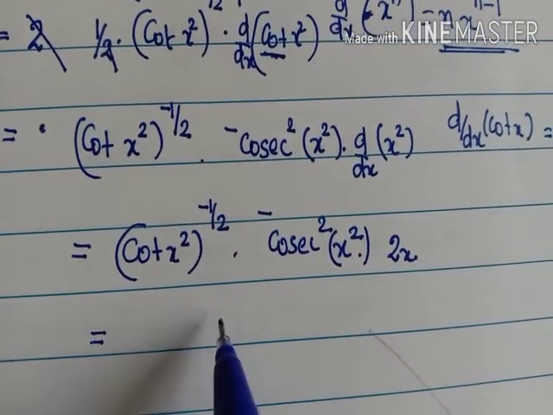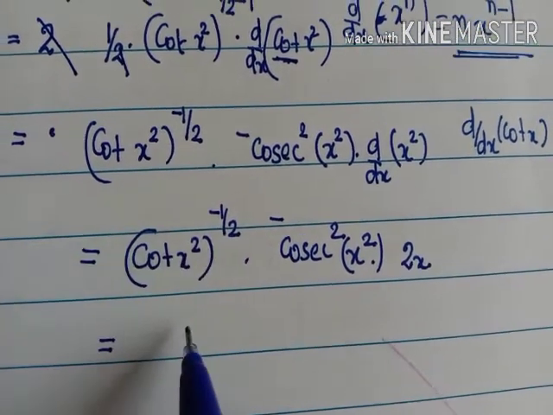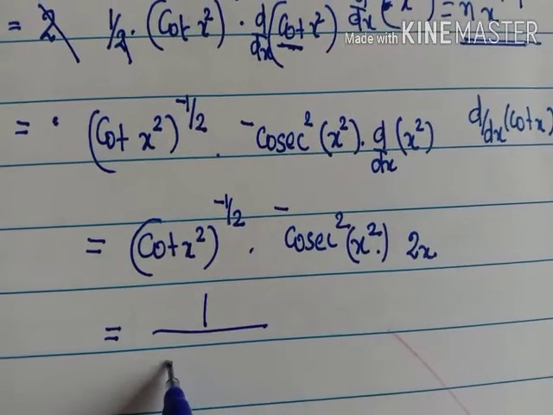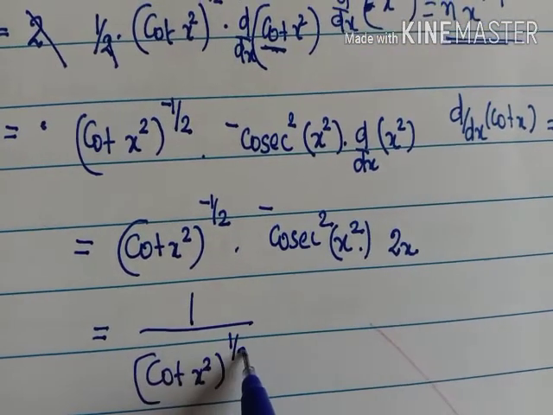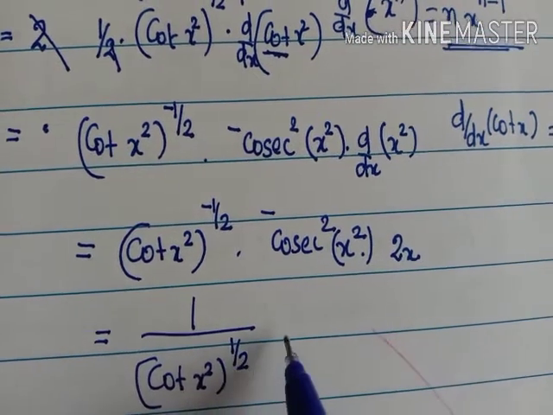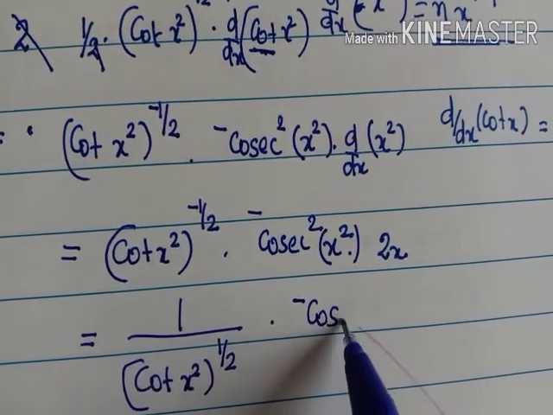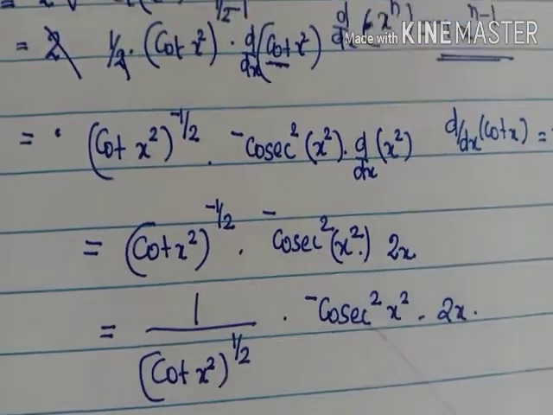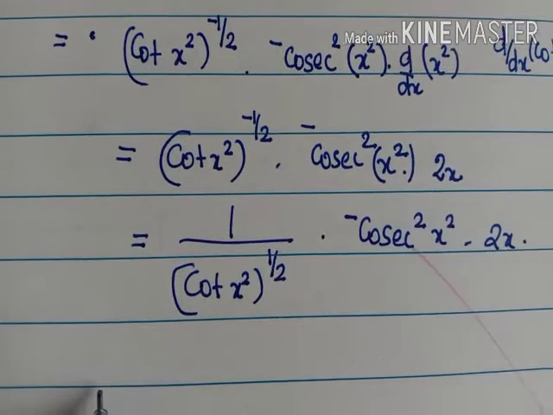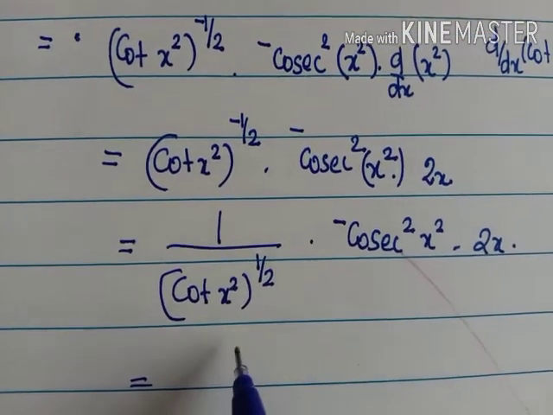Now rearrange the terms. It is negative power, so we can write 1 by cot x square raised to 1 by 2, it becomes positive power, into minus cosec square x square into 2x. Again rearrange. We can take this negative along with this 2x.